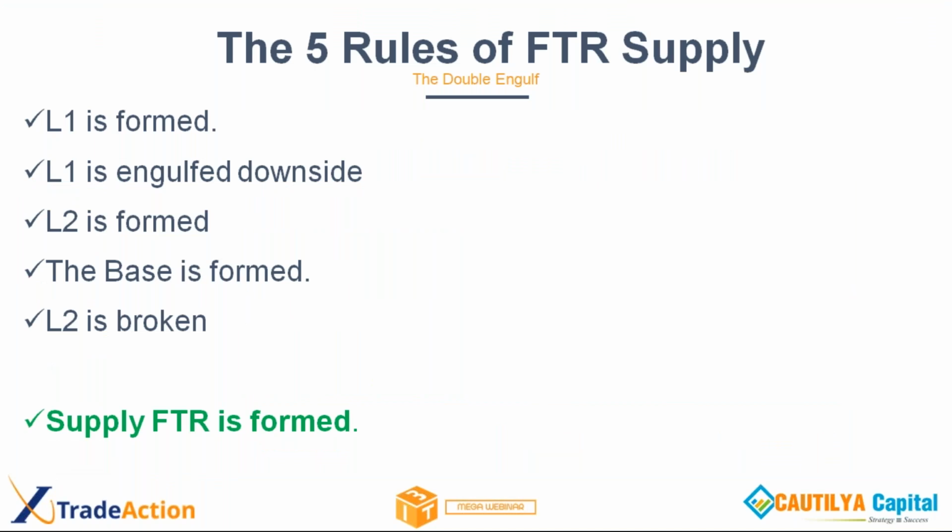L1 is formed, L1 is engulfed downside, L2 is formed, the base is formed, and L2 is broken. So finally, supply FTR is formed. So we always wait for retracements to trade. We never ever trade breakouts.